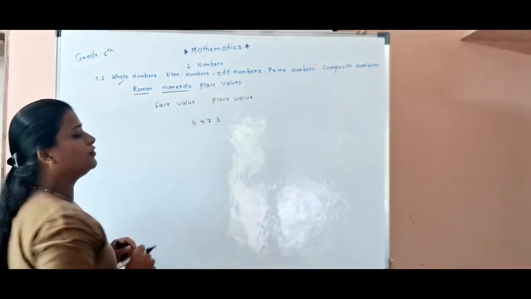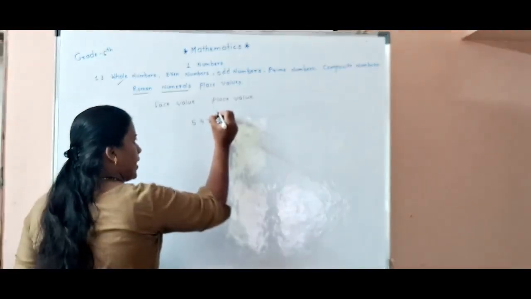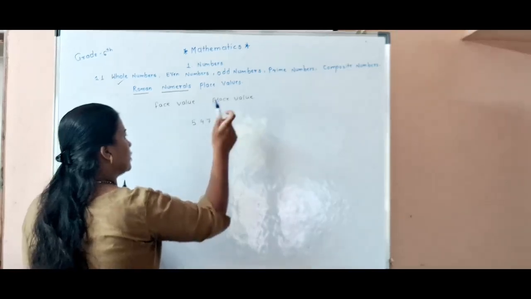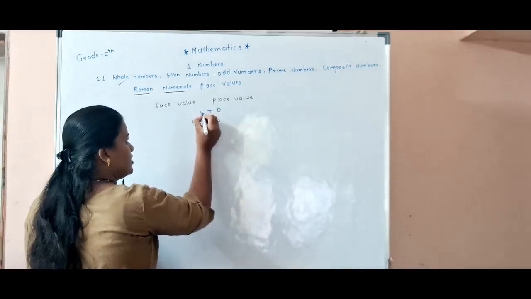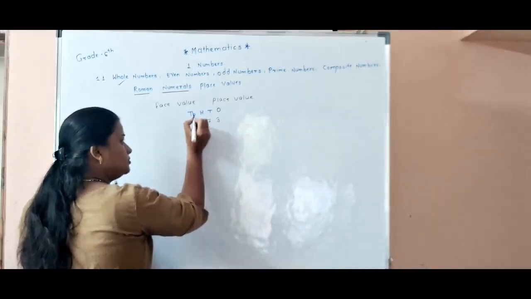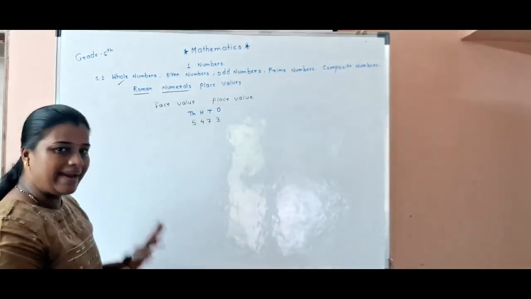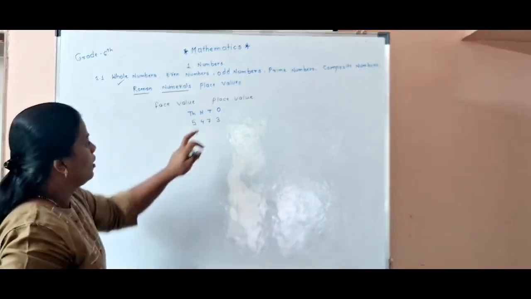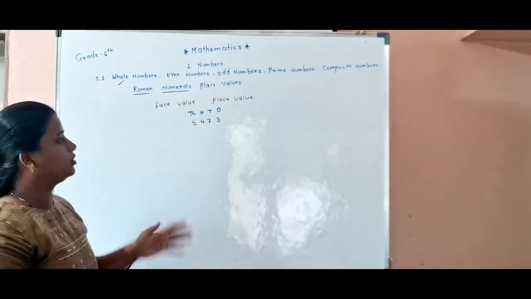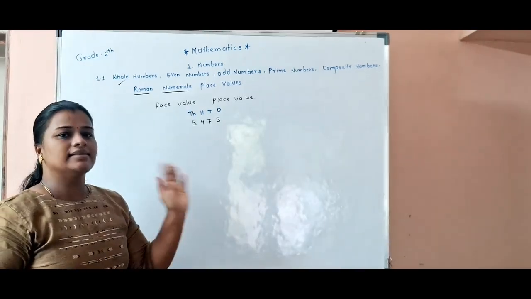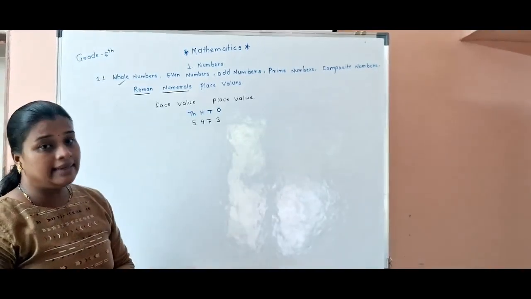So the number given is 5, 4, 7, 3. Right here: ones, tens, 100 and 1000. We know that for the ones place we do not add any zero. For the tens place we add one 0. For the hundreds place there are 2 zeros and for the 1000 place there are 3 zeros.